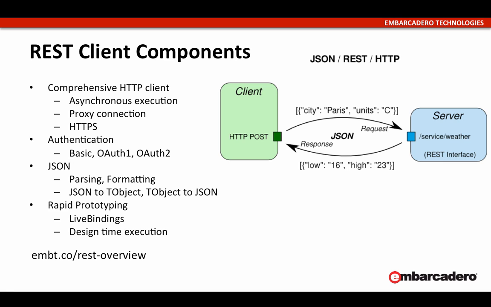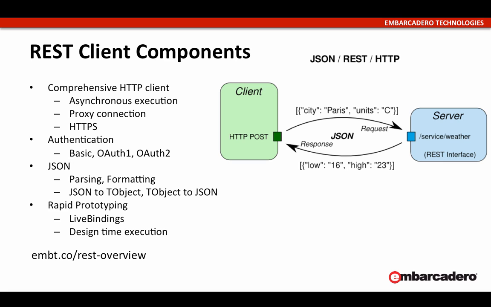REST is resource-based. A resource is a source of information that can be addressed using a URI. The server returns representations of that information to the client, whether it be HTML, XML, or JSON. The resources can be manipulated through representations, modifying or deleting the resource on the server.